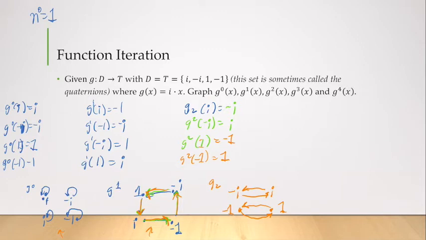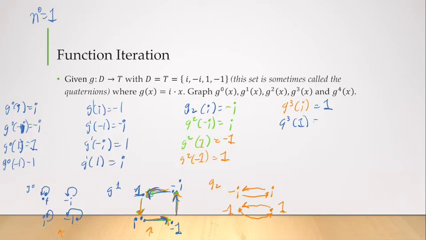Okay, what if I apply this function again? So let's look at g^3 starting out with i. So I have i. Let's look at our graph down here, right? I apply it 1, 2, 3 times. That means g^3 of i goes to 1.